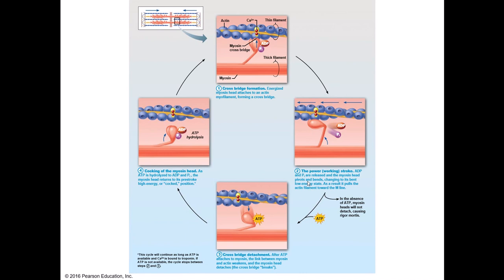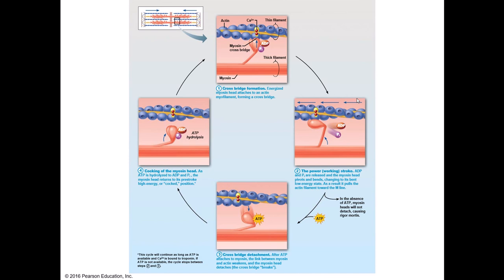Power stroke, crossbridge breaking, activation, crossbridge formation, power stroke, detachment, over and over again. The myosin grabs onto one actin and then the next and the next, and they ratchet the filaments towards the middle of the sarcomere.